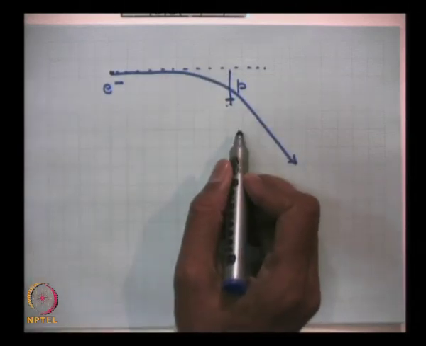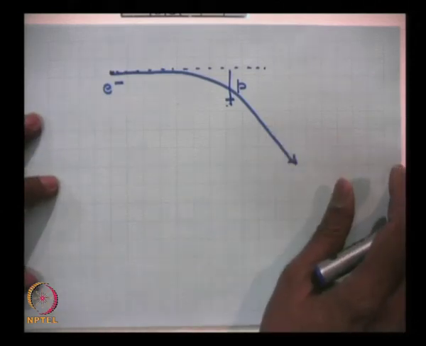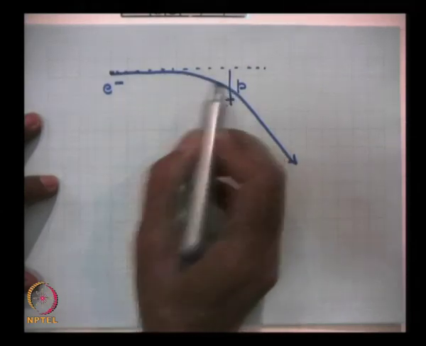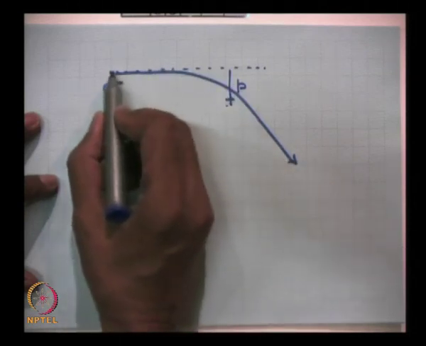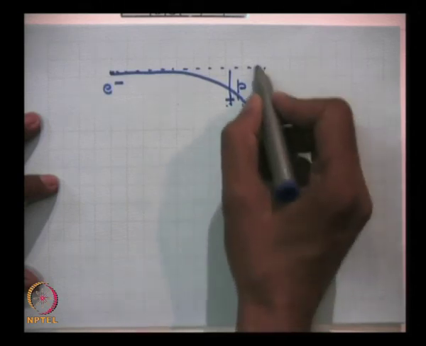So, how to define an effective collision frequency? We define it by saying: find out the impact parameter p for which the electron suffers a 90-degree collision. It means the angle of scattering is 90 degrees.